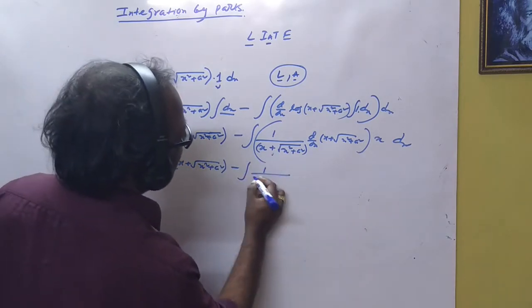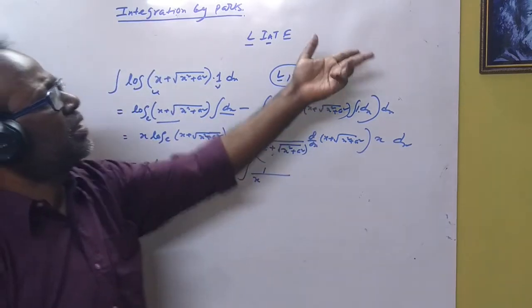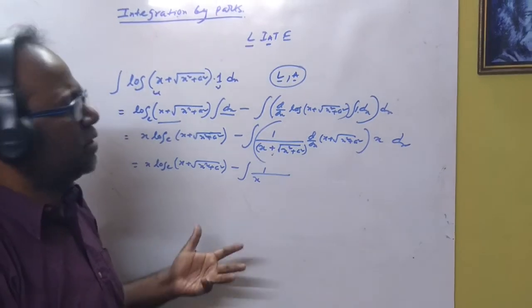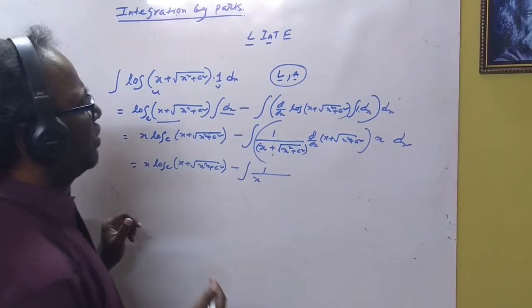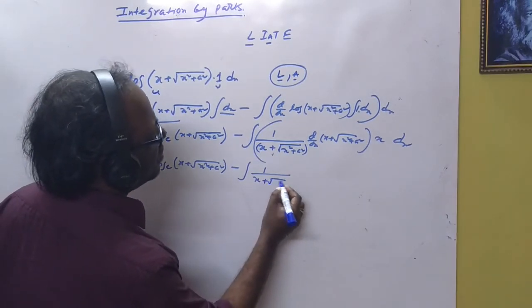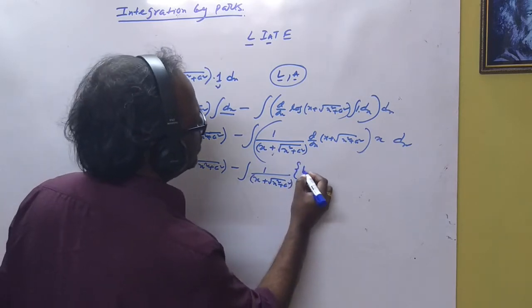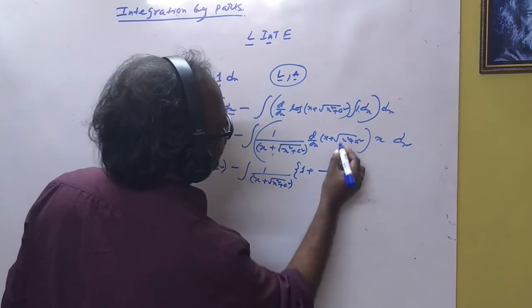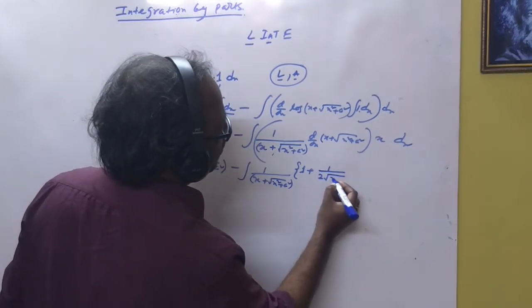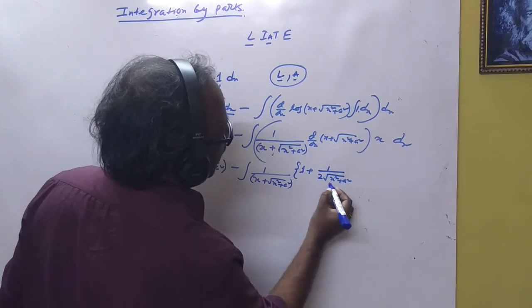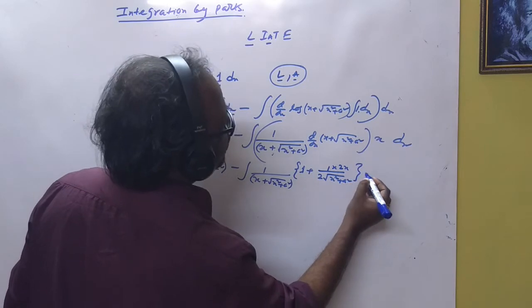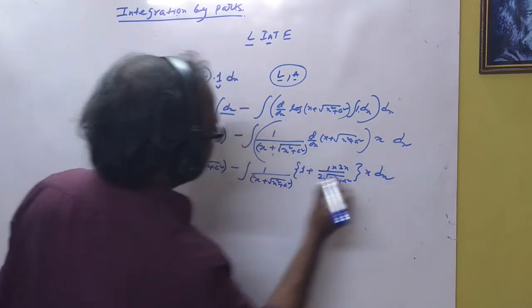So derivative of x is 1, and the derivative of root over x square plus a square, with the derivative of x square plus a square being twice x, so again x and dx here.